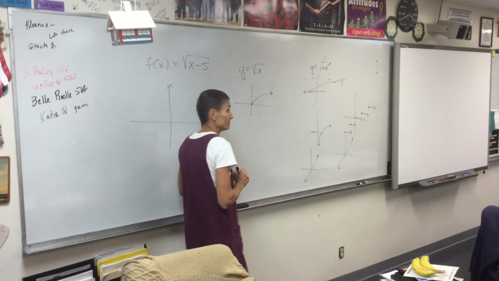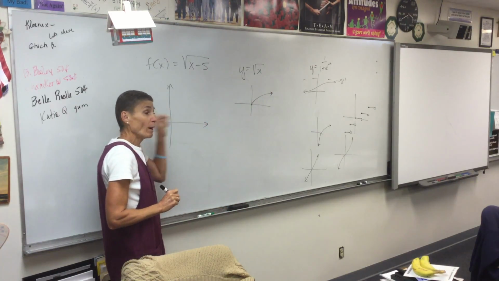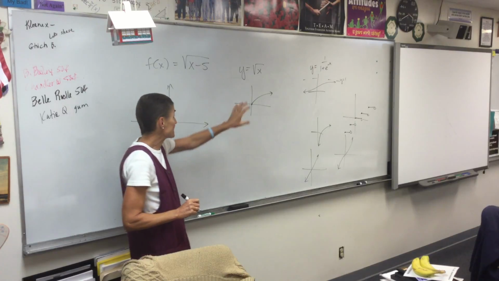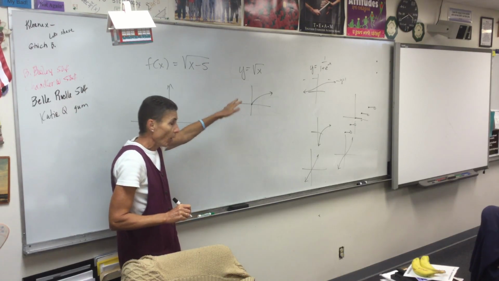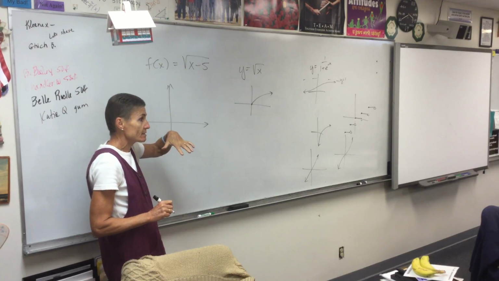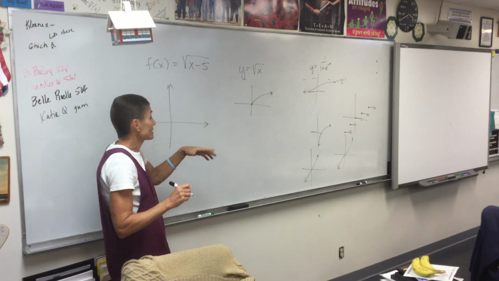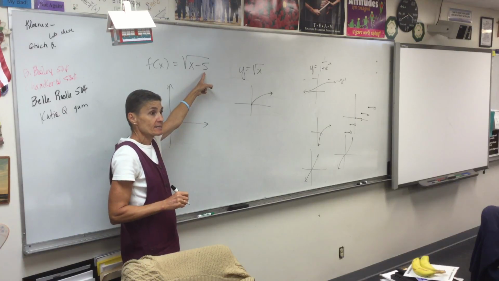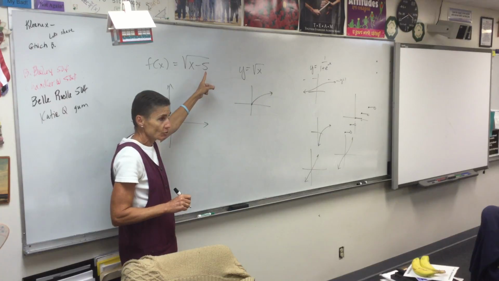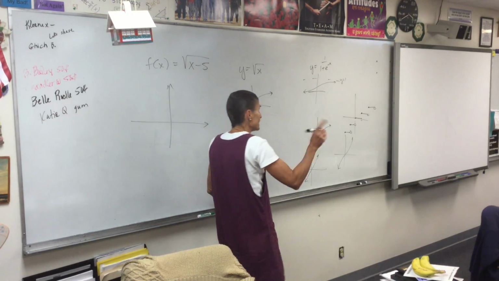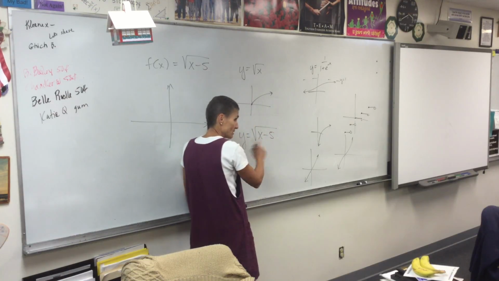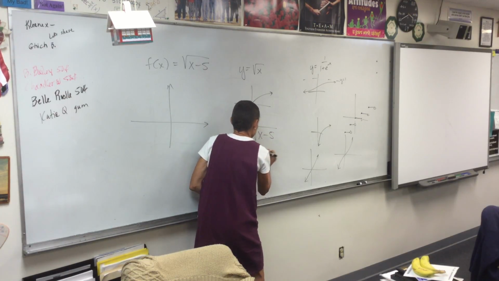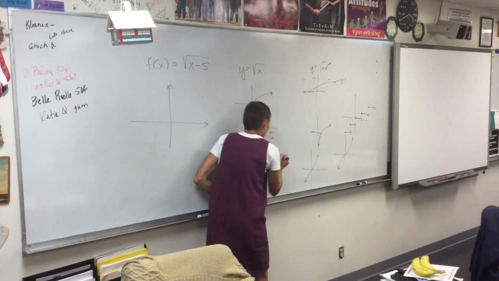And you should already know that. What does the square root function look like? This, right? Any square root picture is going to be some variation of that. What we're talking about now is how we do the variations. So one way to do variation is to stick a number in the problem. Now, here's the tricky part. It is different if it's the square root of x minus 5 or if it's the square root of x, minus 5.